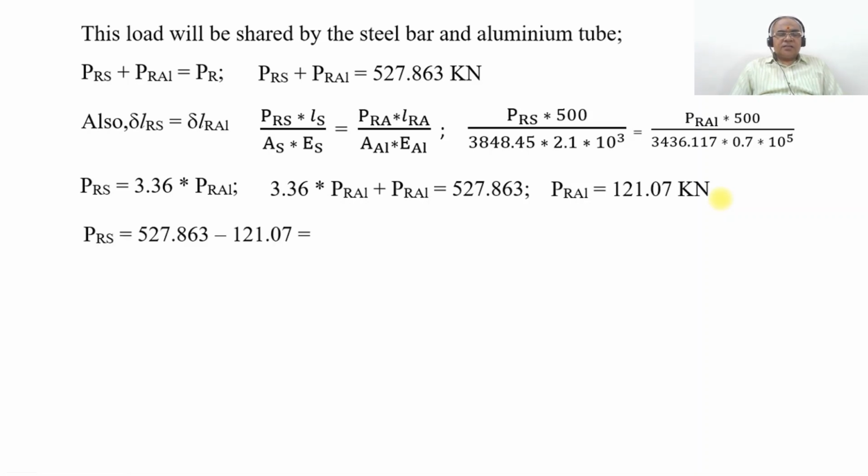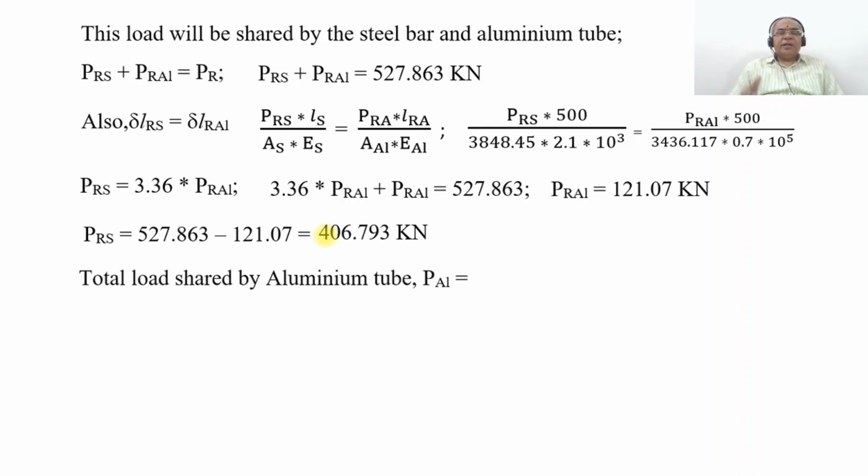So what is the value of PRS? PRS will be equal to the remaining load on the steel, which will be 527.863 minus 121.07, which is equal to 406.793, the load on the steel rod.